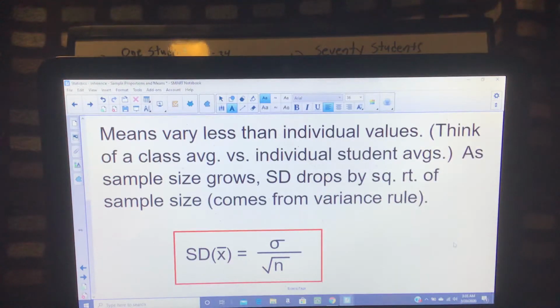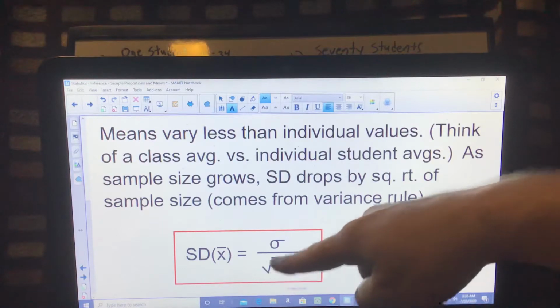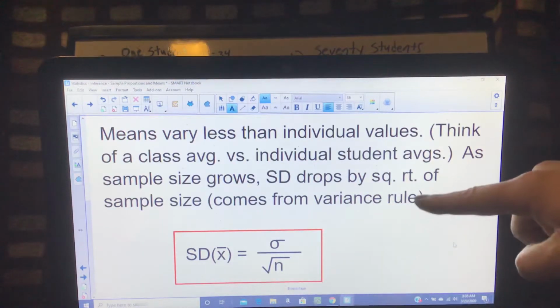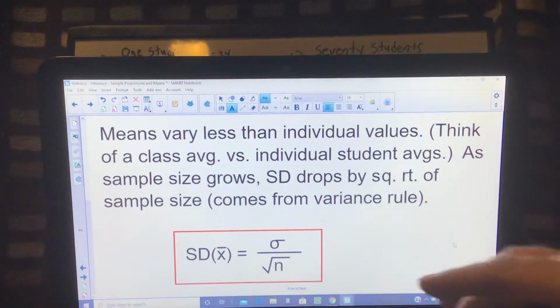So the standard deviation for a group will be less than the standard deviation for an individual. The way you find that is you take the individual standard deviation and divide by the square root of the group size. It comes from the variance rule. You don't need to know that, but basically the formula is derived from using the variance over and over again. All right, so that's where that square root comes in.